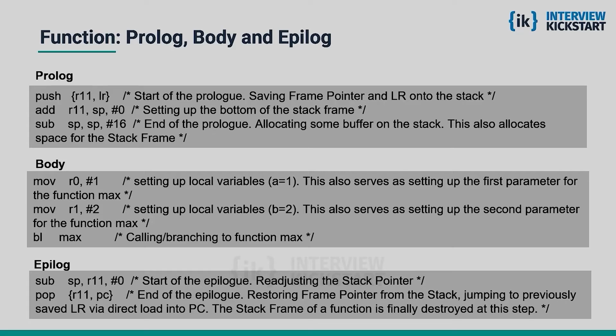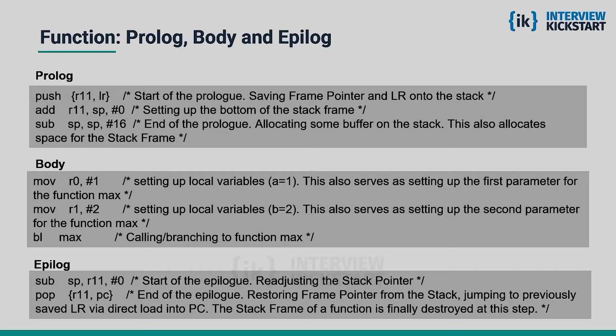Now, the implementation of the prologue may differ depending on the compiler that is used, but generally this is done by using the push, add, and subtract instructions. As I said, if the R11 register is not used, the stack pointer can be manipulated for allocating stack locations for local variables.